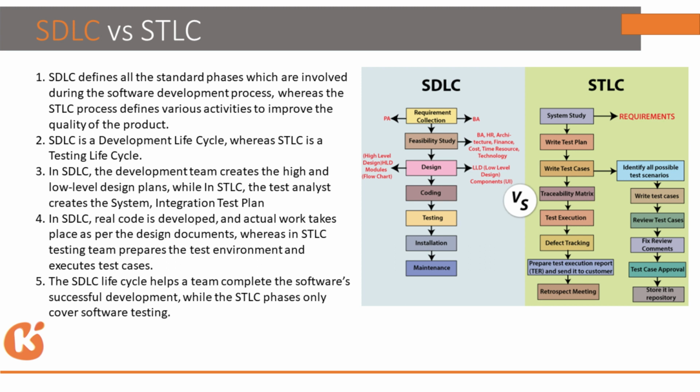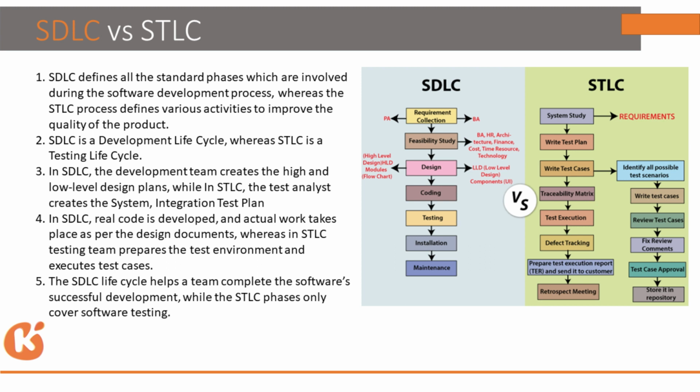It is a process to test the software application. STLC also has several stages such as system study, test planning, test case writing, preparation of RTM, test execution, defect tracking, and retrospective. So these were the stages of STLC.